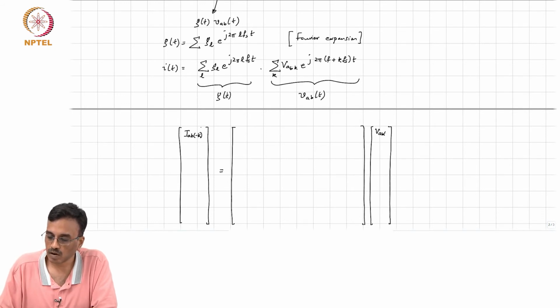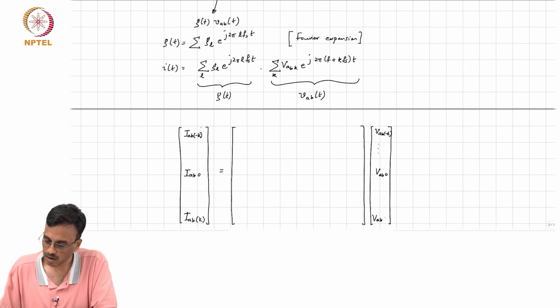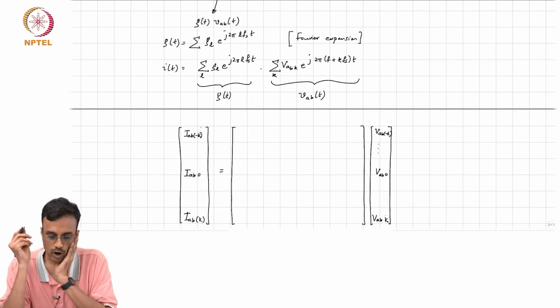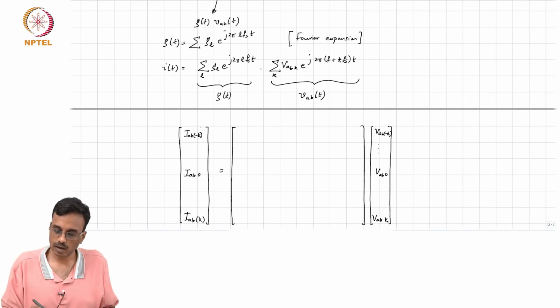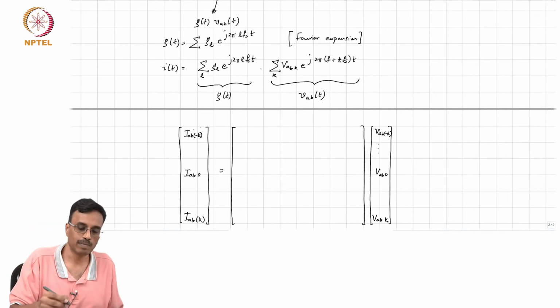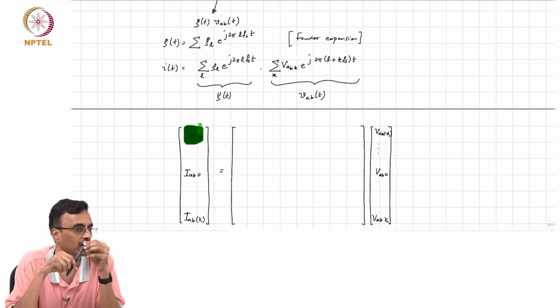So VAB minus K, and so on, V0, this is IAB 0, IAB plus K, this is VAB plus K. So what comment can you make about IAB of minus K? Please remind me what this actually signifies. What does that number indicate?